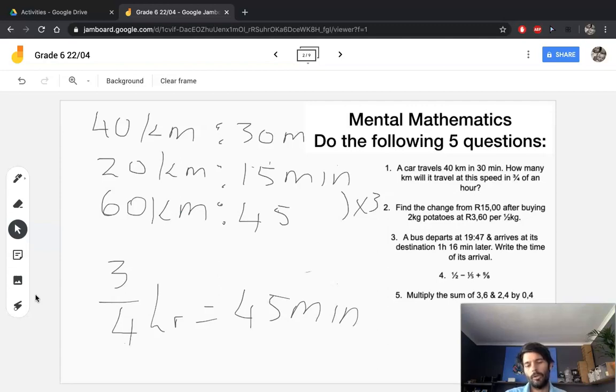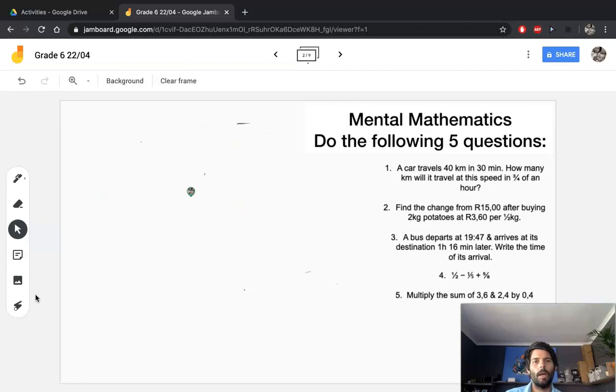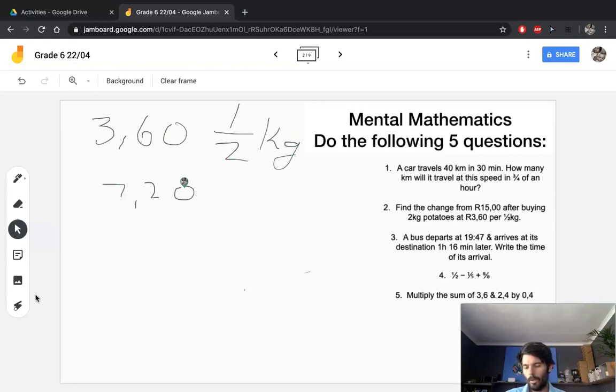Okay, question 2, using money just to check how well you guys know your decimals. Find the change from 15 Rand after buying 2 kilograms of potatoes at 3 Rand 60 per half a kilogram. So 3 Rand 60 for half a kilogram, 7 Rand 20 for 1 kilogram, so 14 Rand 40 for 2 kilograms.